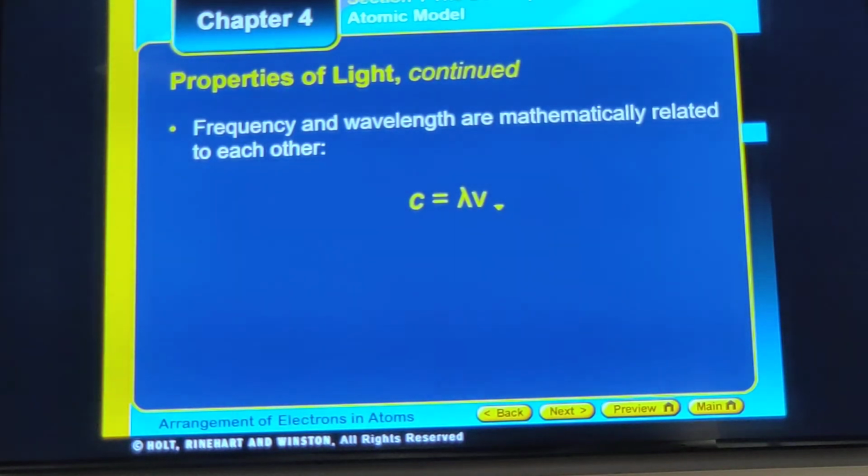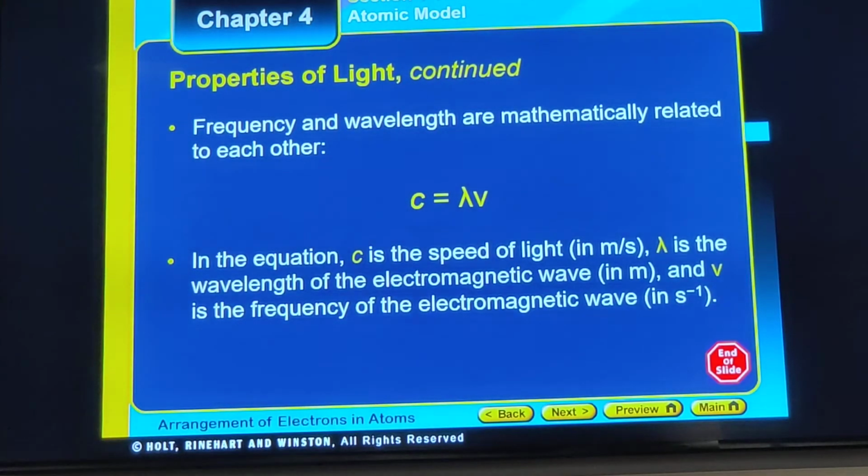That would really be confusing when this is meters per second, and you're thinking about that as being meters per second. So that's why I think F would probably be a better letter to use right there. So C is the speed of light.